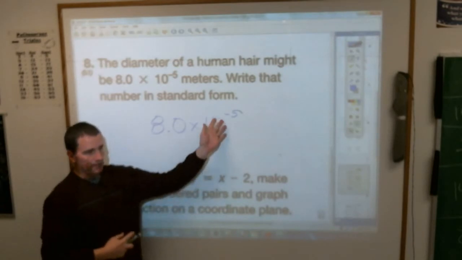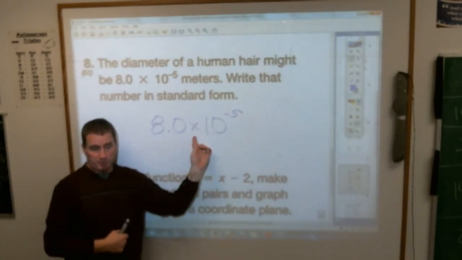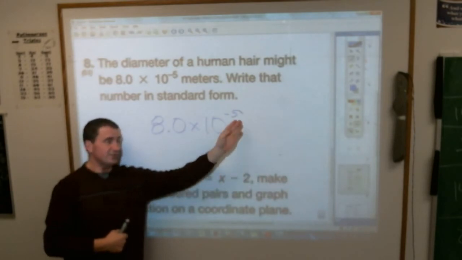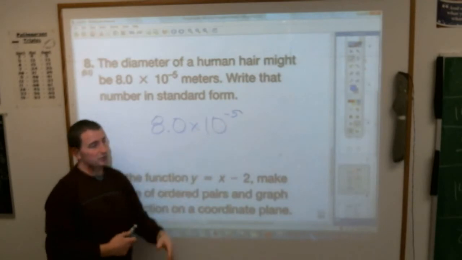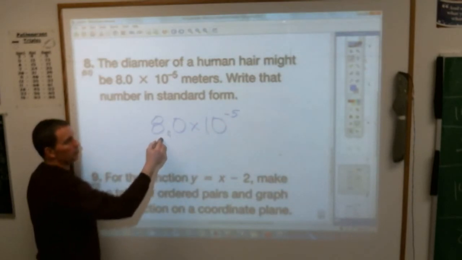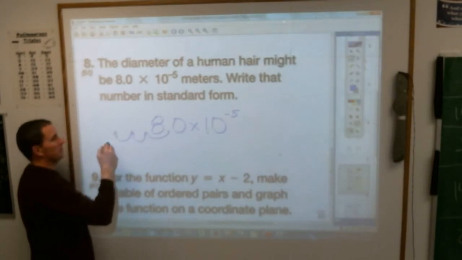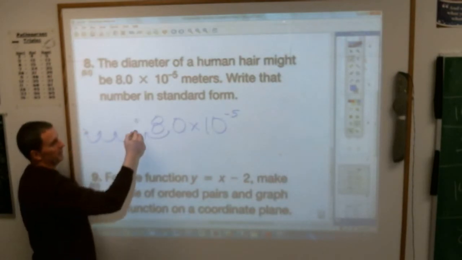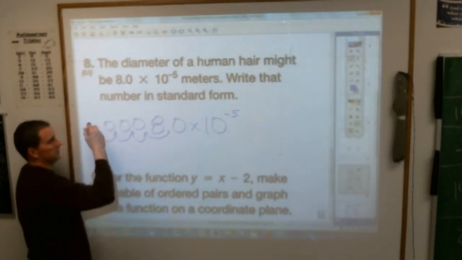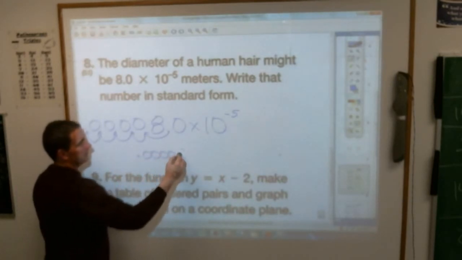Kids, this is scientific notation. If it's a positive exponent, it gives you a much bigger number and the decimal goes to the right. If it's a negative exponent, the decimal goes that many places to the left. You're just going to take this decimal and go 1 jump, 2 jumps, 3 jumps, 4 jumps, 5 jumps backwards, and it's going to end up right here. For every jump where you don't have a digit, you need to place zeros. So you end up with 4 zeros and an 8.